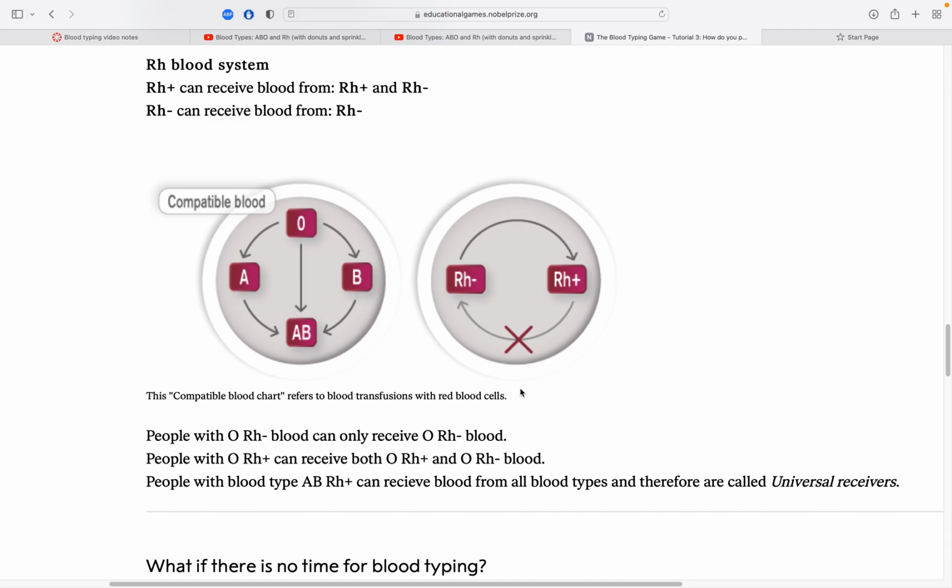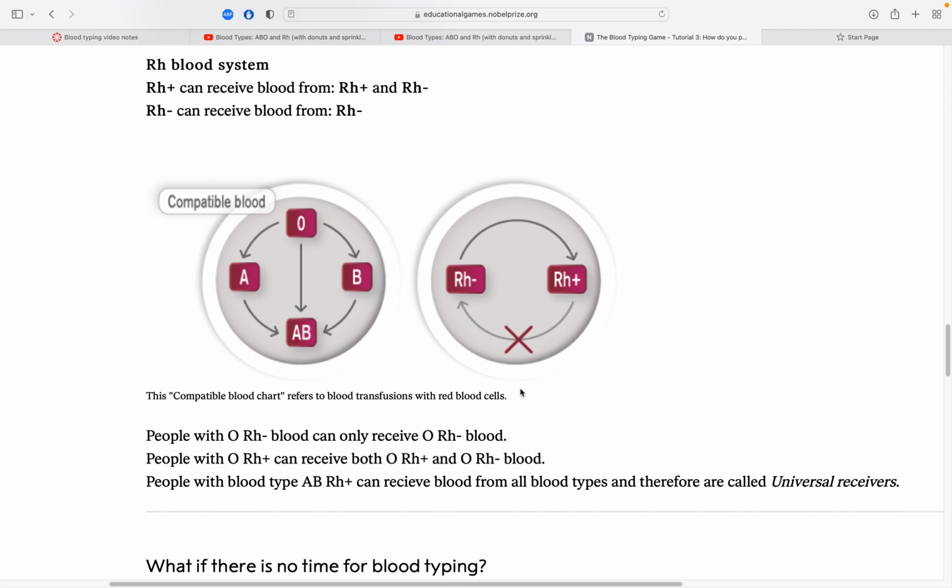O goes at the top and AB goes down at the bottom. And it doesn't matter if A and B are on the left or right. So all arrows go downward. So this tells you that O can give blood to any other blood type. So they are the universal donor. AB can receive blood from any other blood group. So they're the universal receiver.